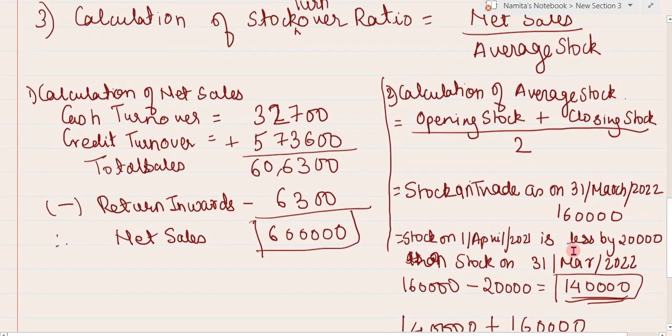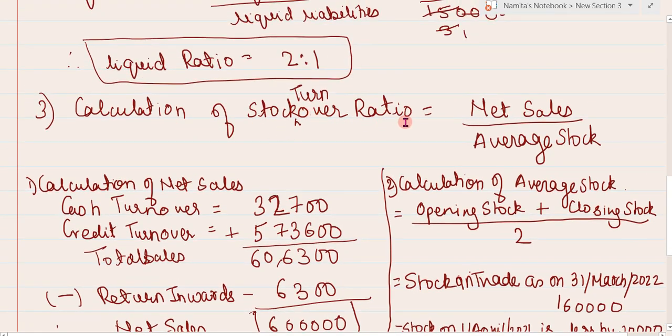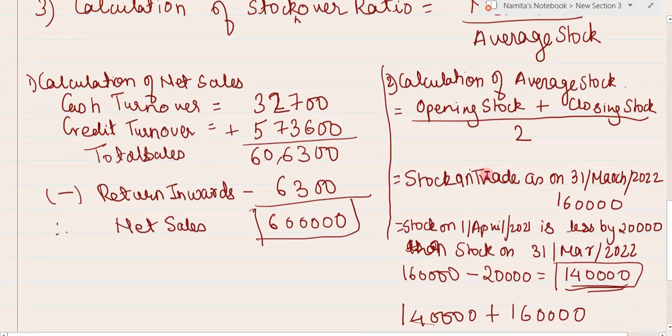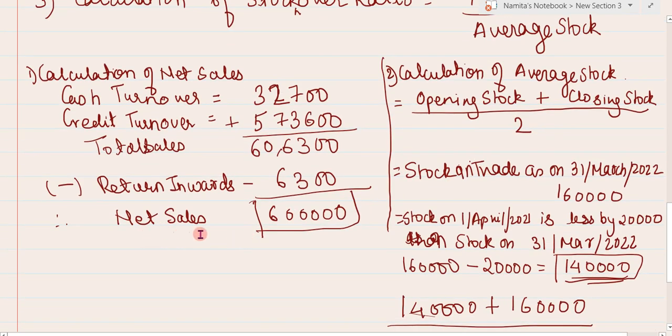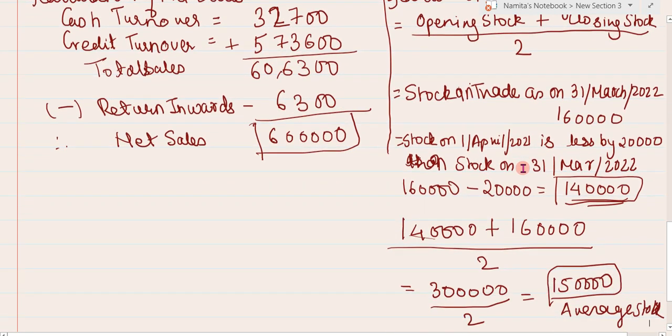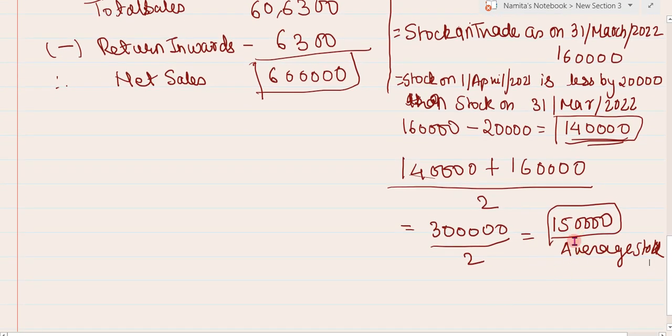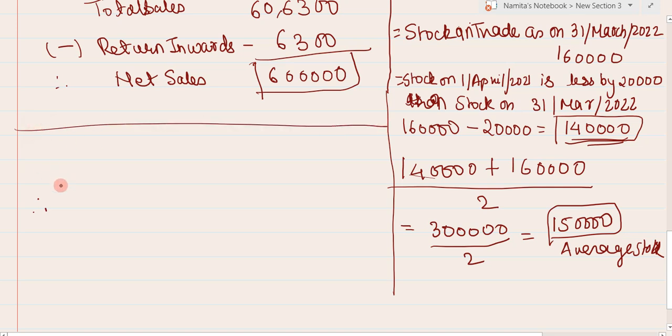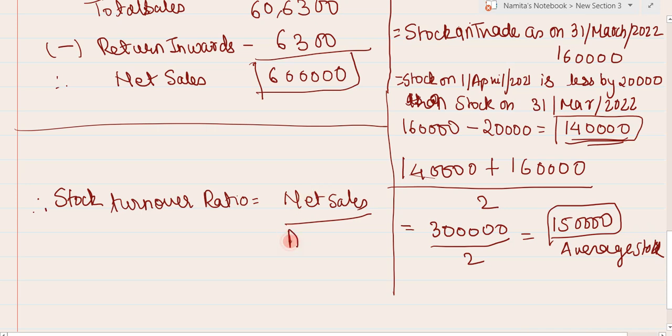Okay, so now as per the formula of stock turnover ratio, that is net sales upon average stock, we did the calculation of net sales. The amount of net sales is 6 lakh rupees. The calculation of average stock is here, and we got the final average stock of 1,50,000. So put the values as per the formula: stock turnover ratio is equal to net sales upon average stock.